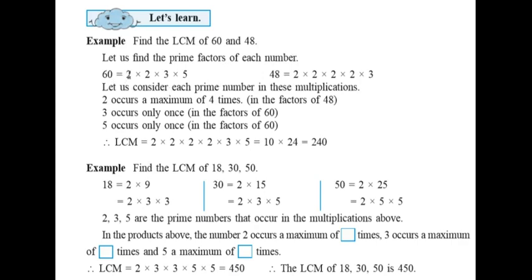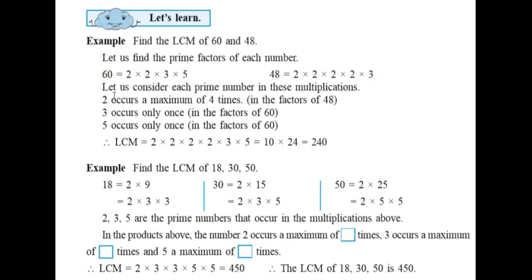We have solved one full practice set on how to find the prime factors. So the prime factors of 60 are 2 into 2 into 3 into 5. After that we are going to find the prime factors of 48. So the prime factors are 2 into 2 into 2 into 2 into 3.